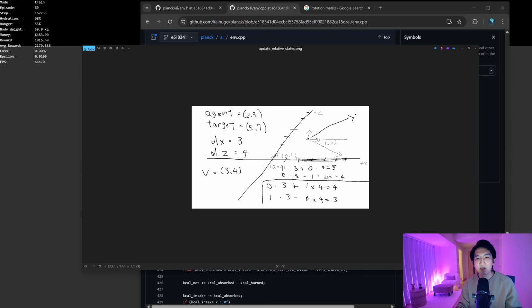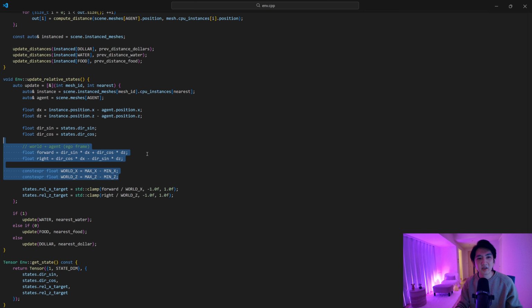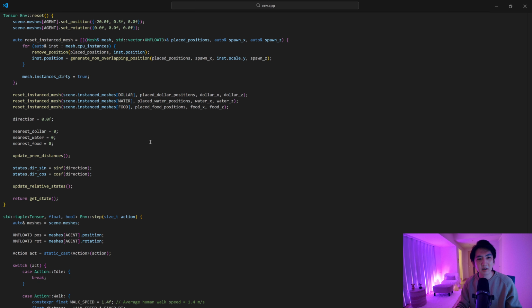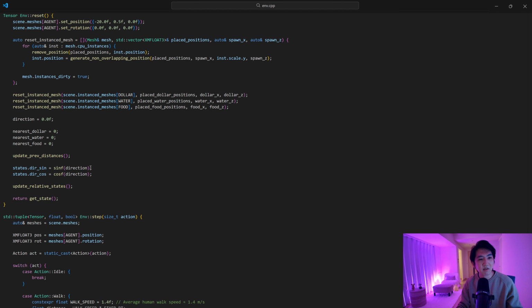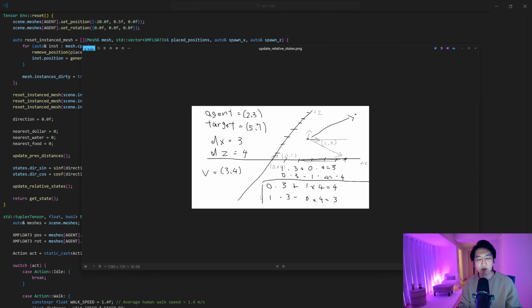And the reason is, I have a value for his direction using radians. Whenever each episode starts, his direction is 0 degrees or 0 radians. And if I assign that to this sine cosine function, I'll get the forward vector of 0, 1, which would look like this.